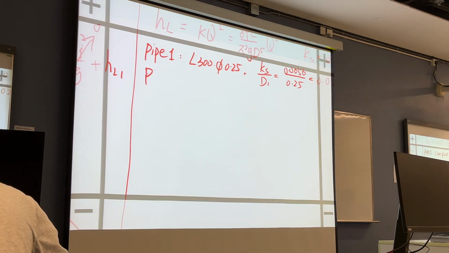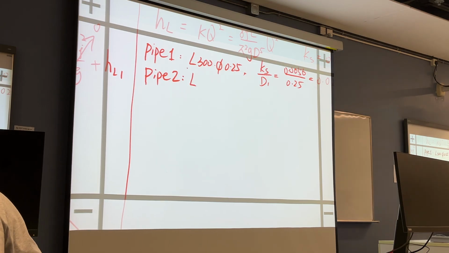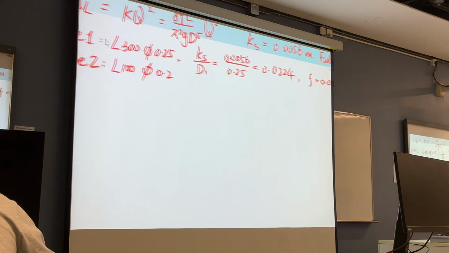For pipe 2, the length is 100, and the diameter here is 0.2, okay, 200 mm.